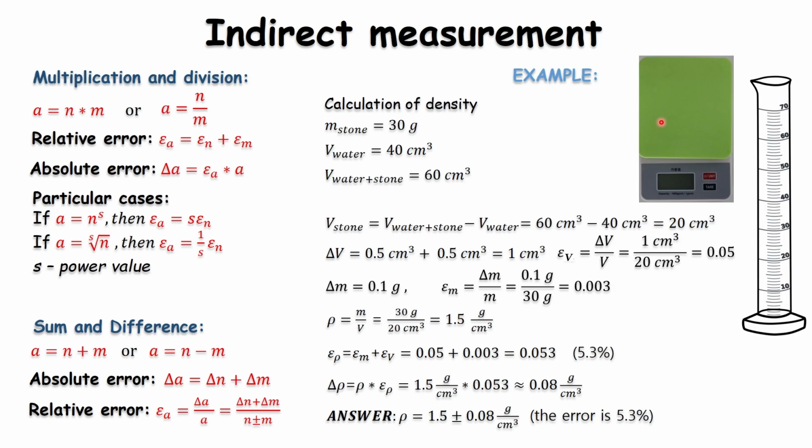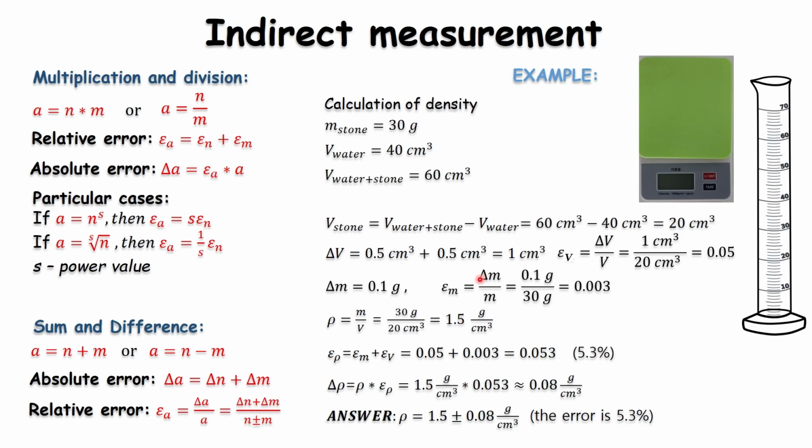Some electronic devices may not provide absolute error, but they may provide the accuracy class. By that accuracy class, you can Google and find out how much the absolute error is for that class, and you can use that value in the calculation. To calculate the relative error for the mass, we are going to use this equation.